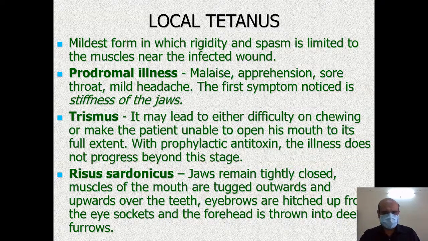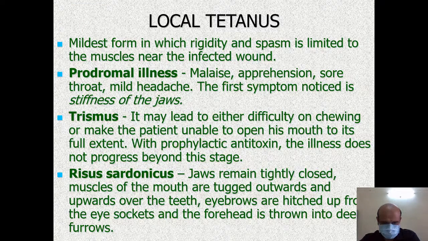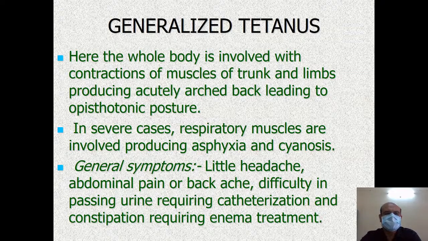Yeah, so this picture shows the actual tetanus, the spasm of the jaw. Okay. Generalized tetanus. Here the whole body is involved, with contractions of muscles of trunk and limbs producing an arched back, leading to the opisthotonic position.